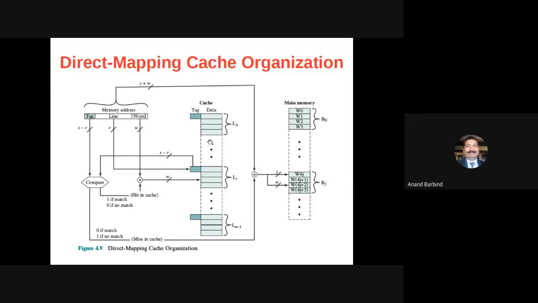The cache memory is also divided into a number of block locations, which are called lines, and these lines you can call L0, L1, L2, L3, up to Lm minus 1, that is m lines. The blocks in the main memory are labeled B0, B1, B2, BJ, and so on. A large number of blocks are there in the main memory as compared to the number of lines in the cache.